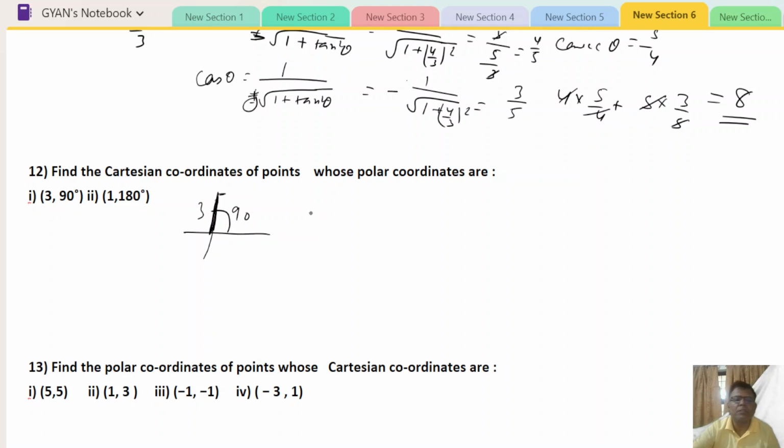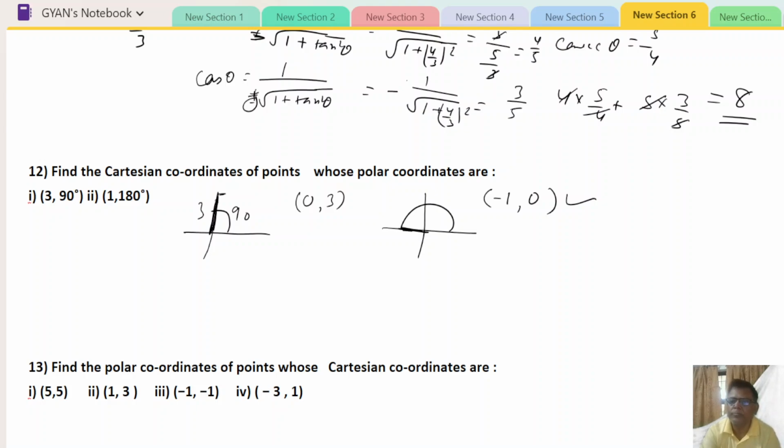So its coordinate will be 0 on the x-axis and 3. And this one is angle 180 and this one is 1. So x is minus 1 and y is 0. So this is with the Cartesian coordinate.